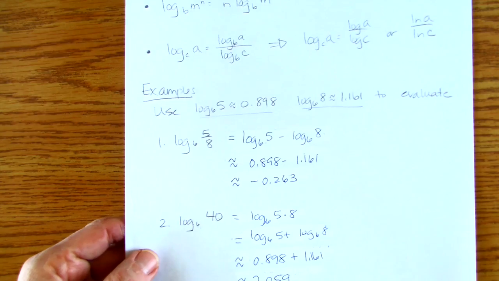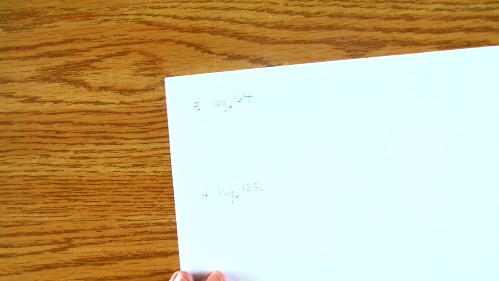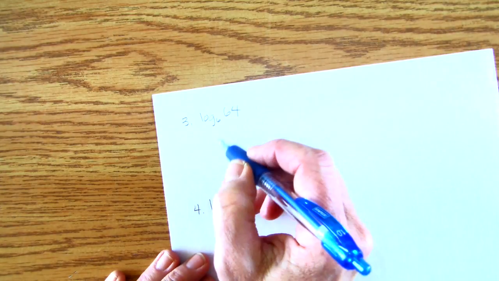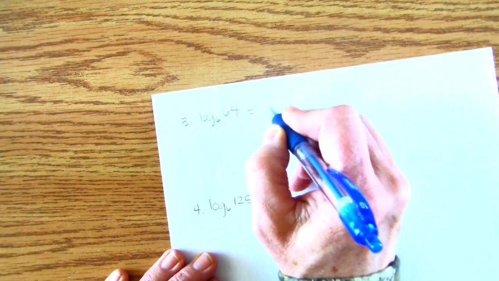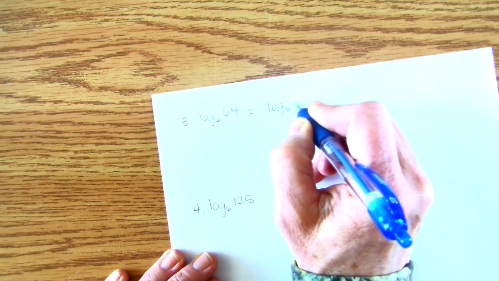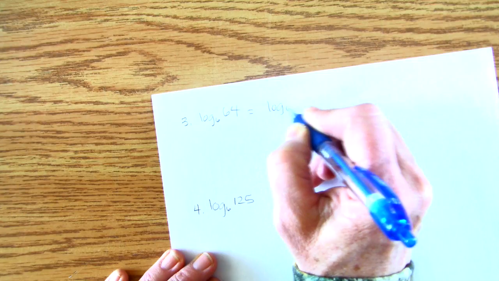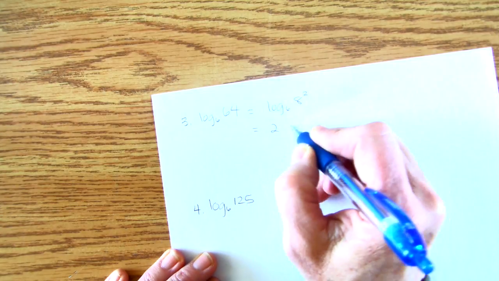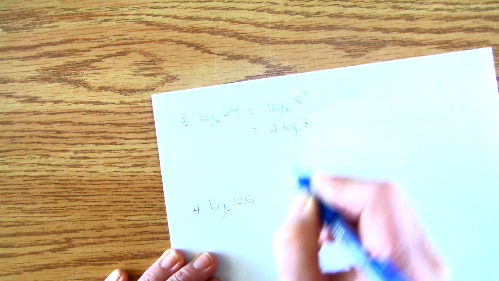And then two more using those values. Log base 6 of 64. Well, remember I had log base 6 of 5 and log base 6 of 8. So the best thing I can do with this is say this is log base 6 of 8 squared. And then remember the property of log says I can bring that 2 right down front.